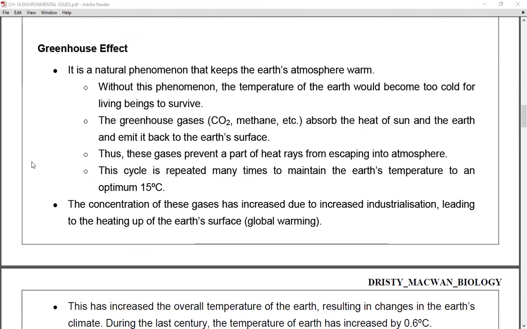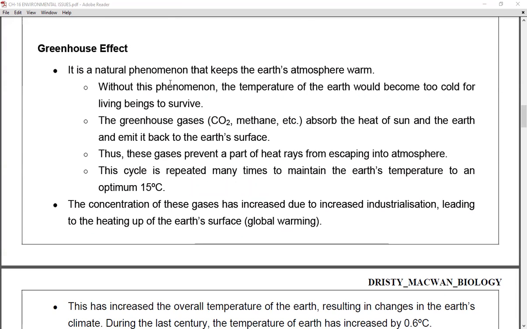In the greenhouse effect, this is a natural phenomenon that keeps the Earth's atmosphere warm. Whatever warmness you feel in the environment is through the greenhouse effect. Without this phenomenon, the temperature of the earth would become too cold for living beings to survive.